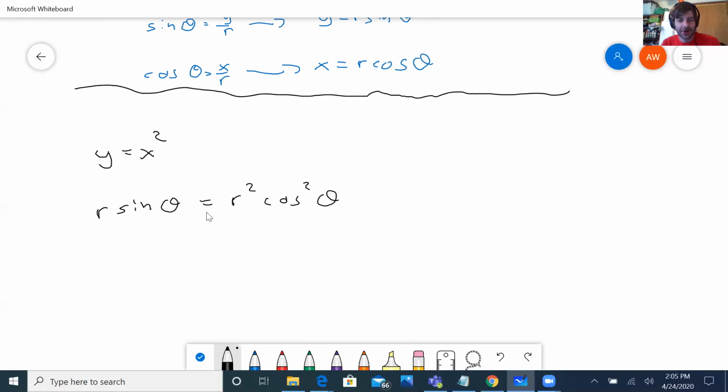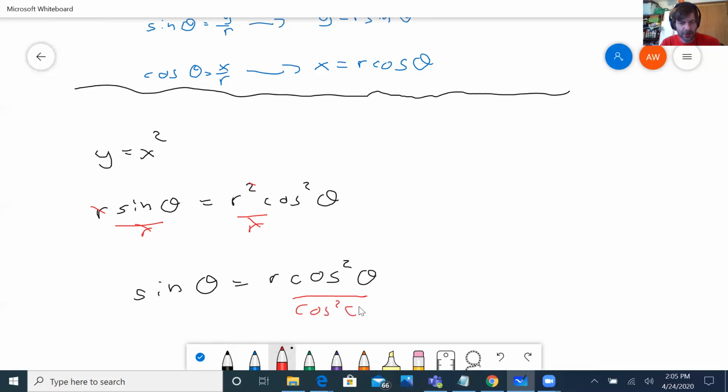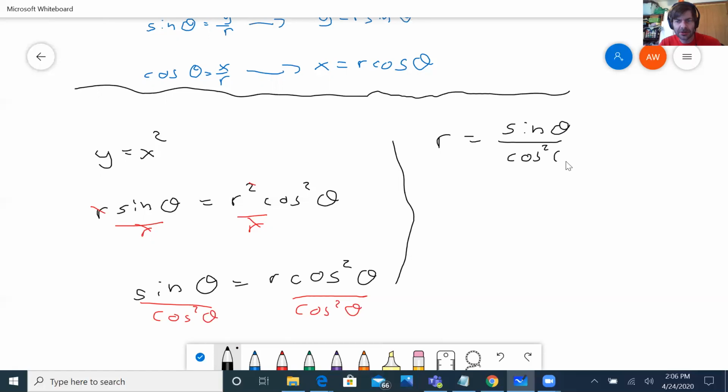If I wanted to solve this for r, I could divide both sides by r, and I'm going to kill those and one of those. Then I suppose I could divide off this cosine squared. If I flip it all around, r equals sine theta over cosine squared theta.